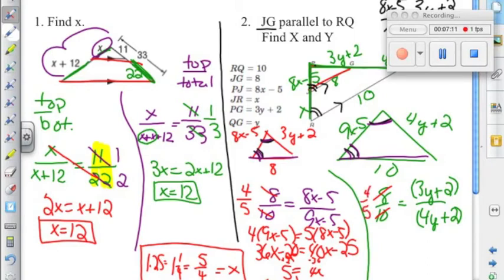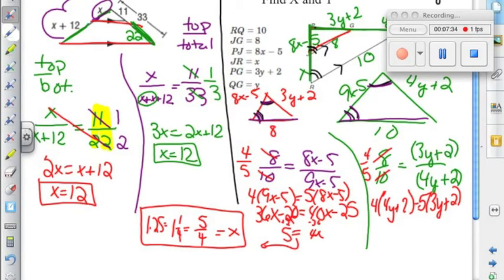Really, you can finish this on your own. You're going to cross multiply. 4y plus 2. Oops. 5, 3y plus 2.